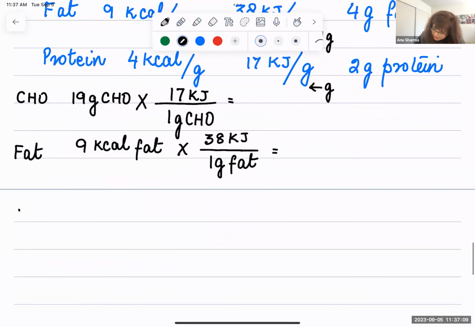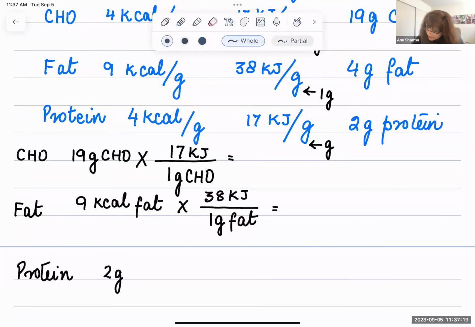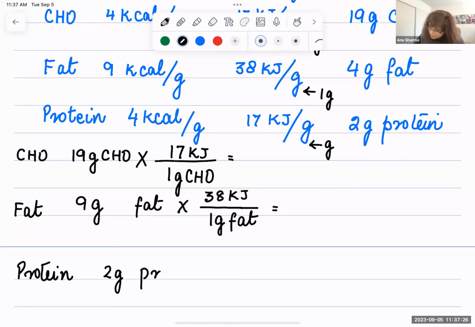The next is the proteins. 2 grams of protein times 17 kilojoules over 1 gram of protein. This is how you will set up the problem.